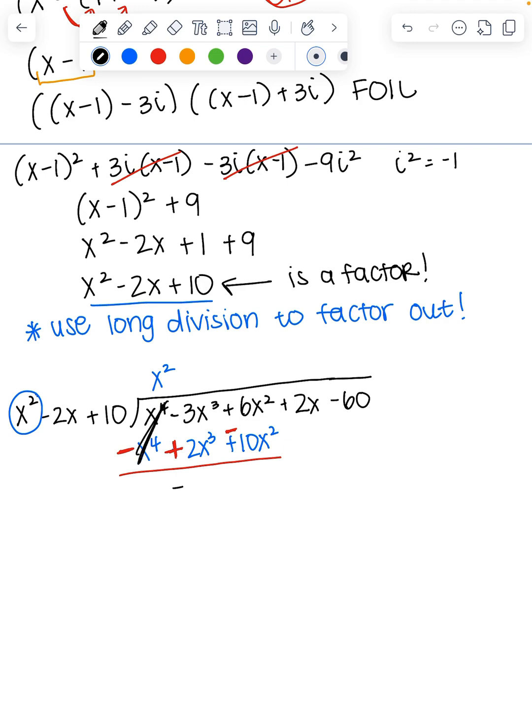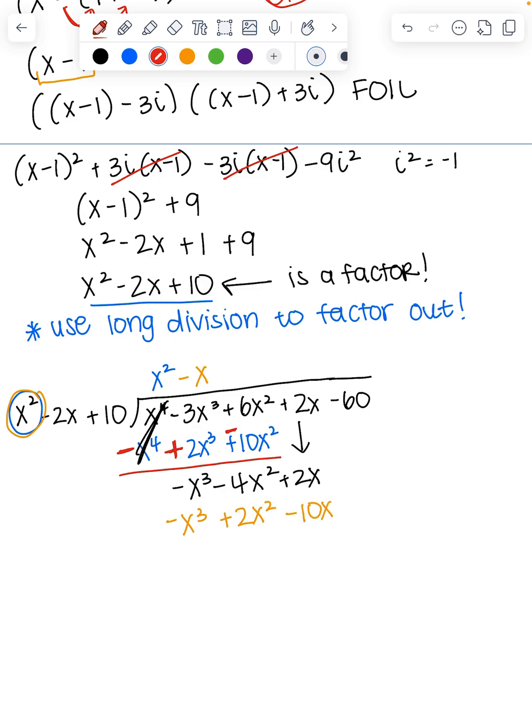I have negative x cubed minus 4x squared, and then I'm going to bring this guy down, plus 2x. Okay, next one, I'm still using this. So I have a negative x. Negative x cubed. Is that a negative? Yeah. Plus 2x squared minus 10x.